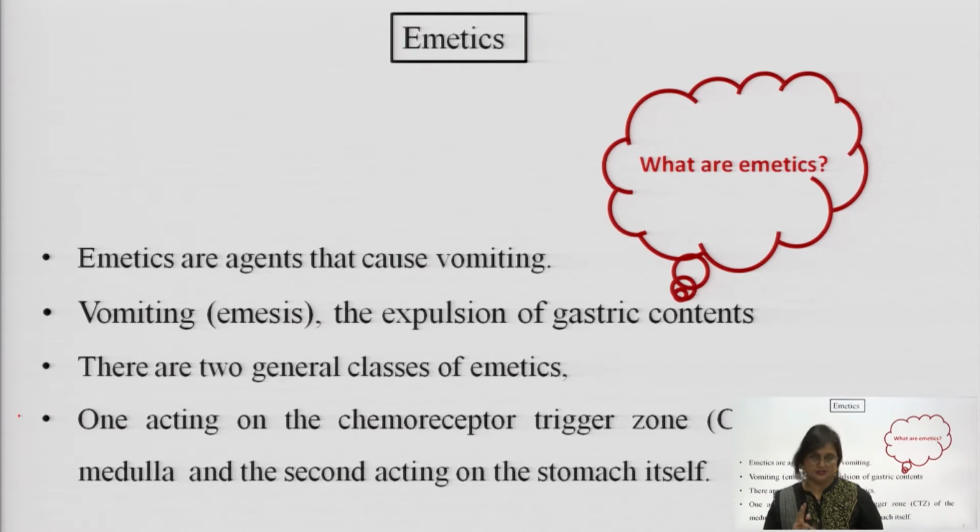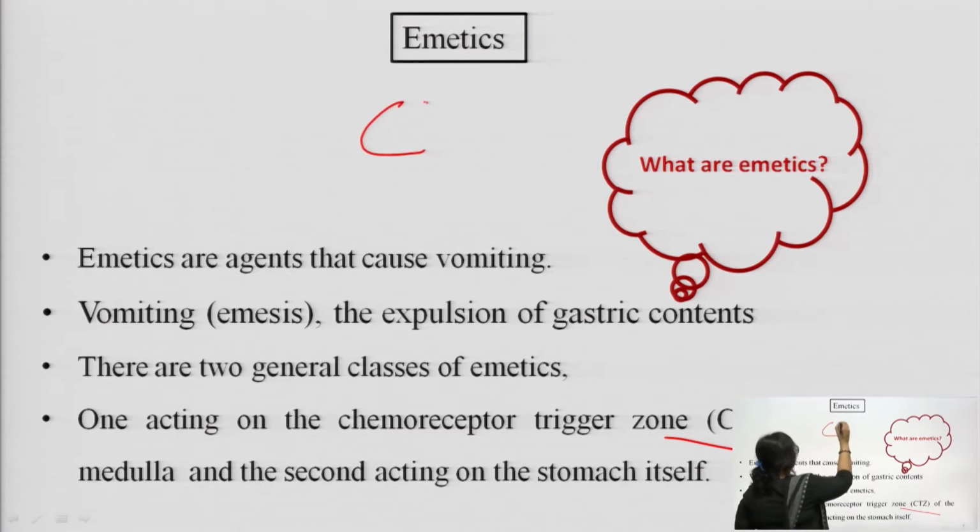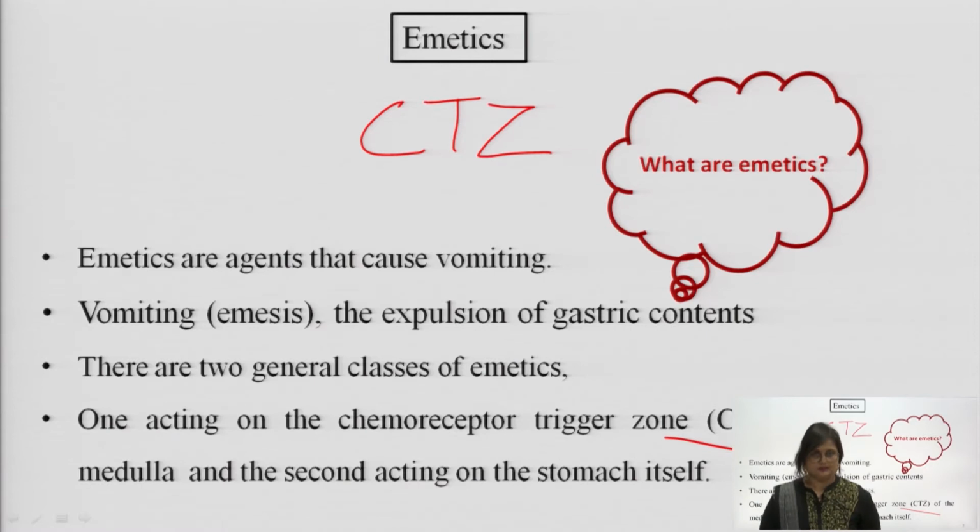There are two general classes of emetics. One class stimulates the CTZ, also known as the chemoreceptor trigger zone. The second class acts on the stomach itself.